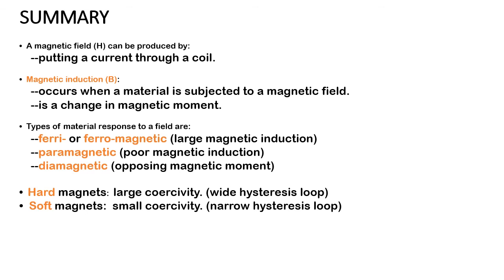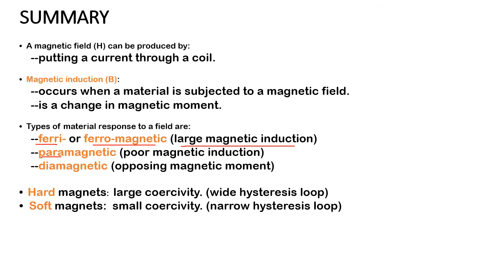So we have come to the summary of this chapter. The first one, a magnetic field H can be produced by putting a current through a coil. Then the magnetic induction or magnetic flux density B occurs when a material is subjected to a magnetic field, changing the magnetic moment. Types of material that respond to a field are ferrimagnetic and ferromagnetic, which show the large magnetic induction.